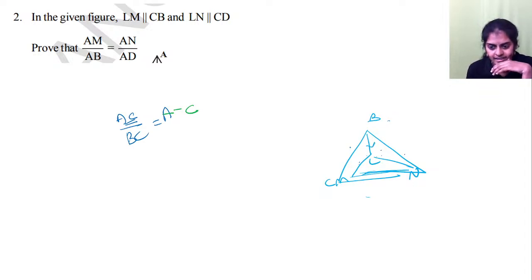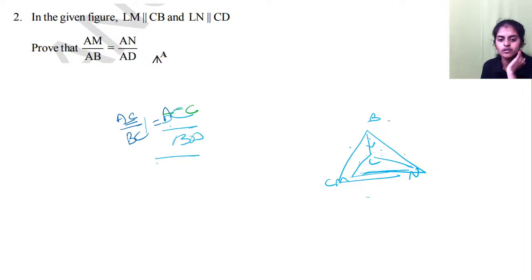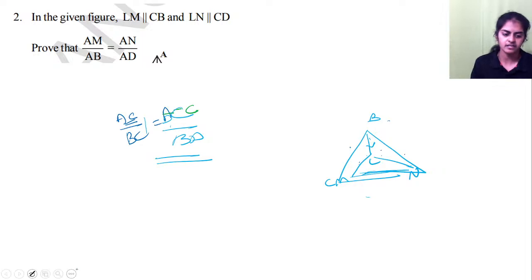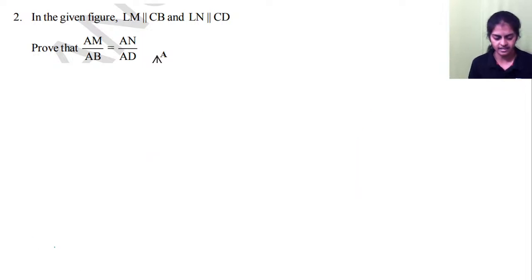If these two are parallel, then these two parts are equal, isn't it? So AC by BC is equal to, again, BC by BP. I'll bring the figure and explain. Figure is not there, so without the figure it's getting difficult for me to identify where the vertices are. I'll bring the figure in the next class and explain this again.